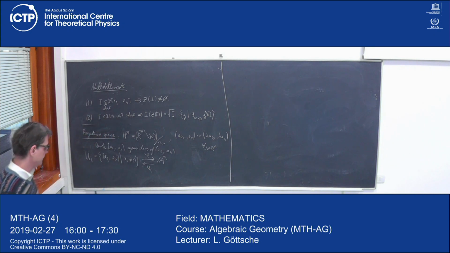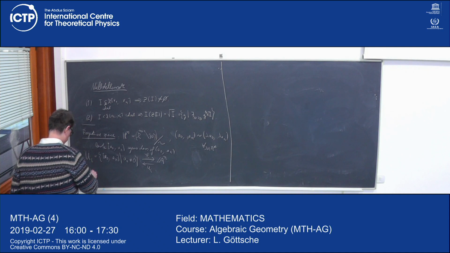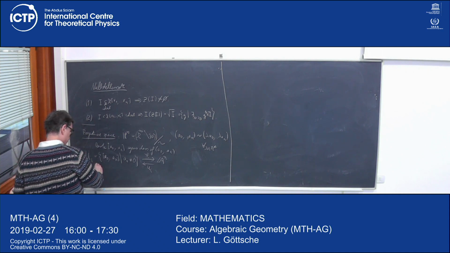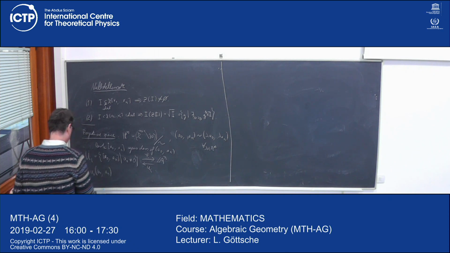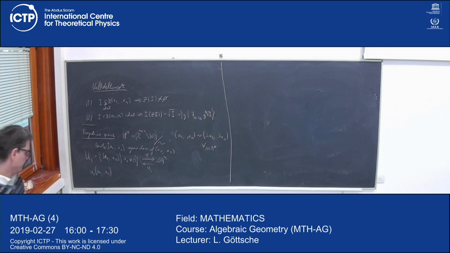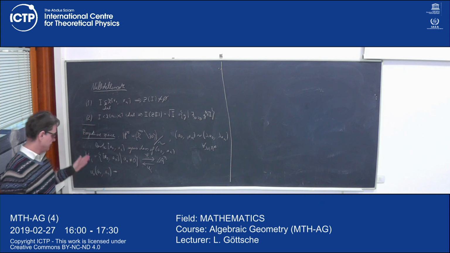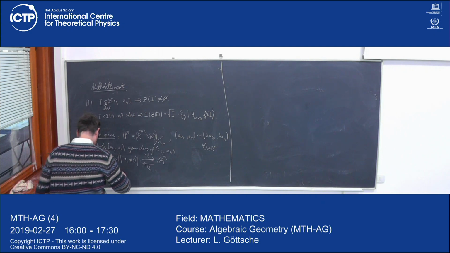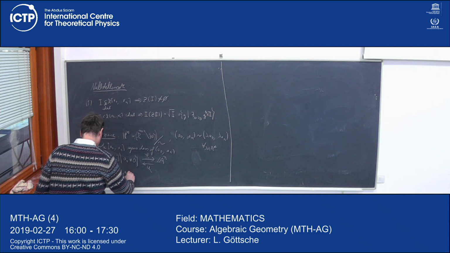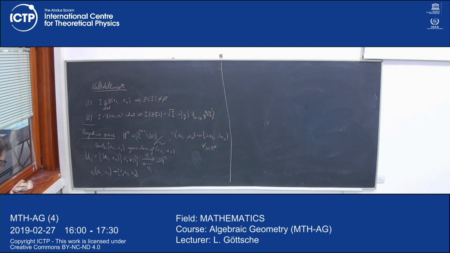I just for simplicity write it in the case i equals 0. So u0 of a point (a1,...,an) in A^n is defined to be just: we add the 1 at the beginning and make it into a point of projective space, and you can imagine how it works for the others.